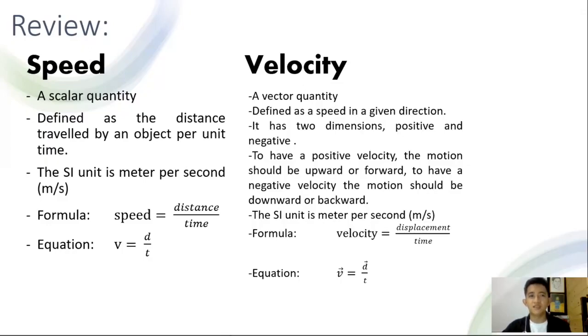For you to have a negative velocity, the motion should be downward or backward. The SI unit for velocity is the same as the speed. And the formula for this is velocity is equal to displacement over time. You will notice that we put an arrow on top of the symbol for velocity to signify that it is a vector quantity, same as with displacement.